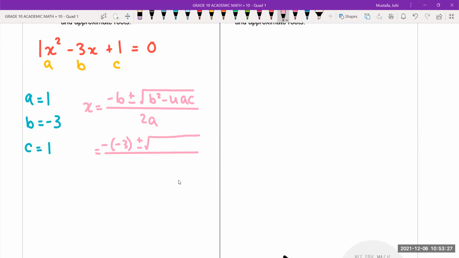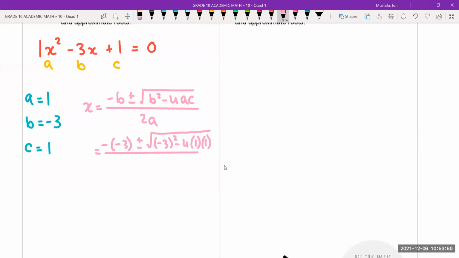I'm not going to forget my square root. B squared is going to be negative 3 squared minus 4 times 1 times 1.